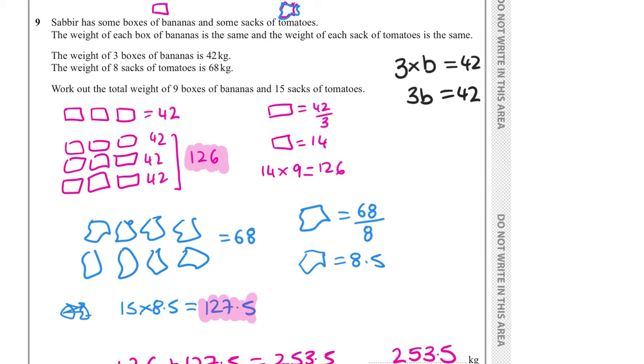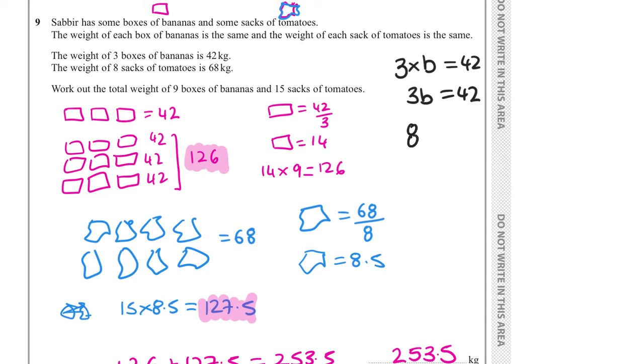We could do the same manipulation. This is exactly the same as this, just written in algebra. And this is using pictures. Both of these are equally as important. If you can draw pictures, you can write algebra. If you can write algebra, you can draw pictures. And then the same for the sacks of tomatoes.